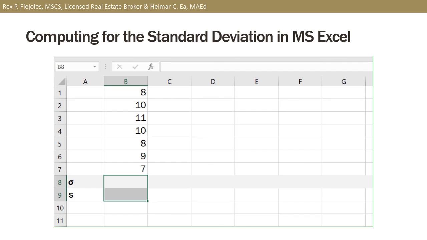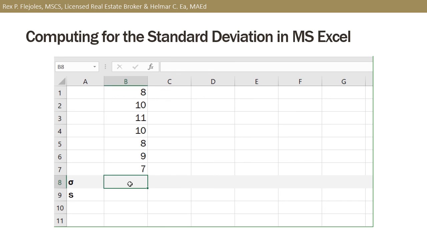At this time, let me show you how to compute for the standard deviation in MS Excel. Again, we also have different formulas for the population and the sample. The difference is their divisor.